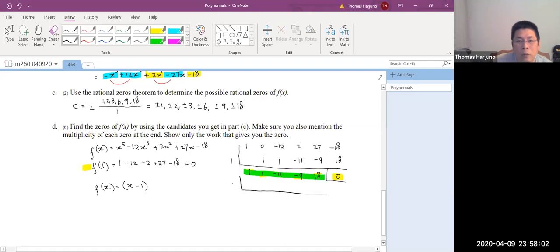I continue from there. You see, right? So now I have x minus 1 squared times x cubed plus 2x squared minus 9x minus 18.